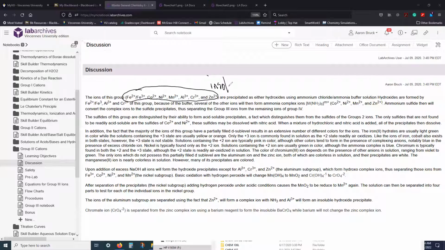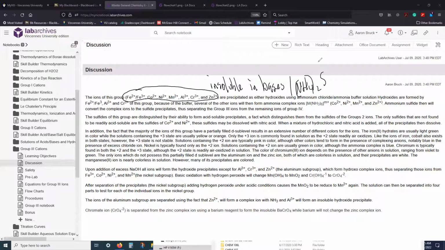Now, what sets these apart is that we have substances here that are insoluble in bases, or insoluble in bases mixed with ammonium sulfide.